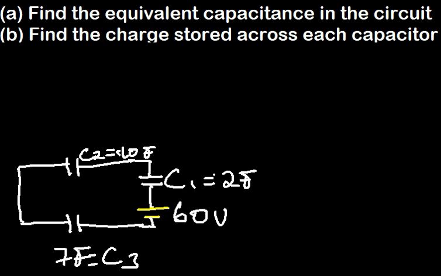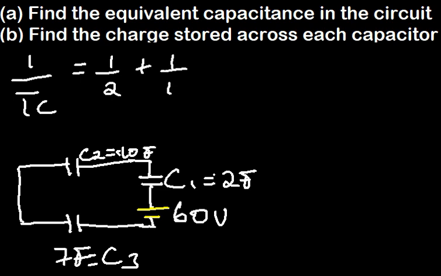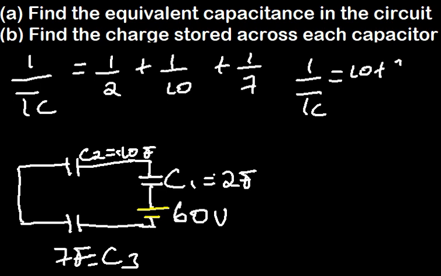In order to find the equivalent capacitance, since these are in series, we'll have 1 over total capacitance equal to 1 over 2 plus 1 over 10 plus 1 over 7. Let's combine this. That will be 1 over TC equal to 10 plus 2 divided by 20, plus 1 over 7.